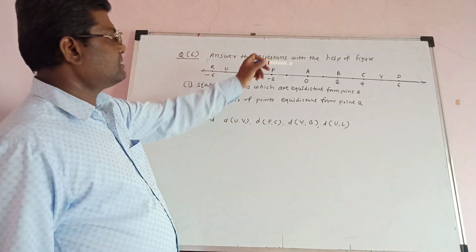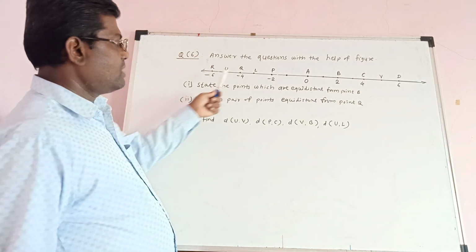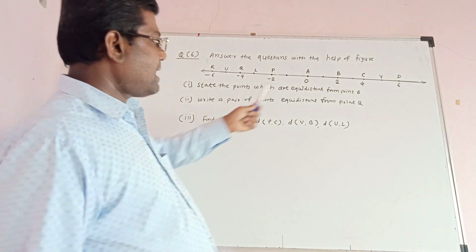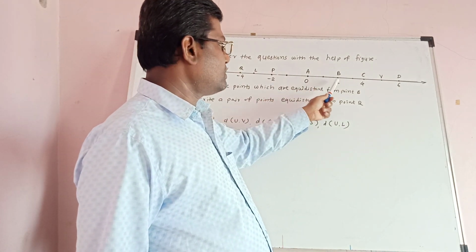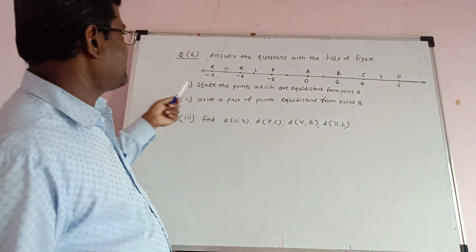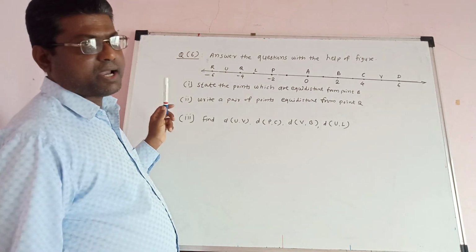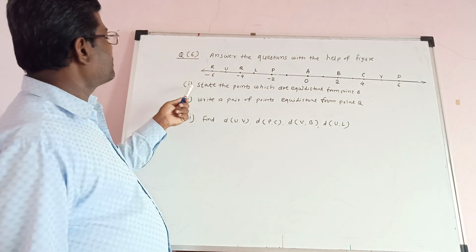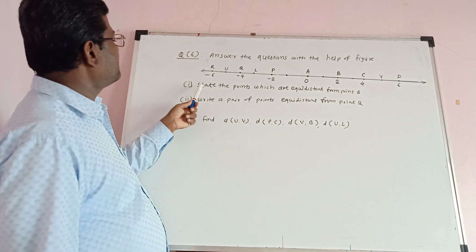Question number 6. Answer the questions with the help of the figure. One figure, that is a number line, is given here, and every point on the number line, that is points 0, 2, 4, 6, minus 2, minus 4, minus 6, is indicated by letters, and we have to find the answers to the questions given below.